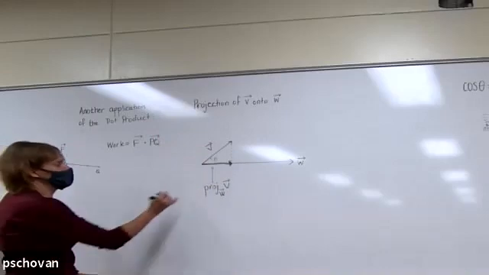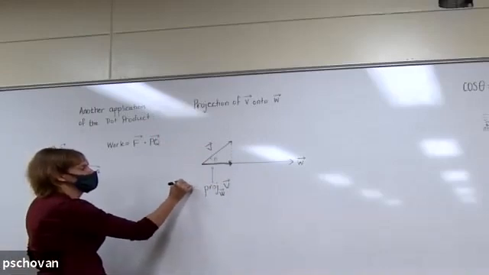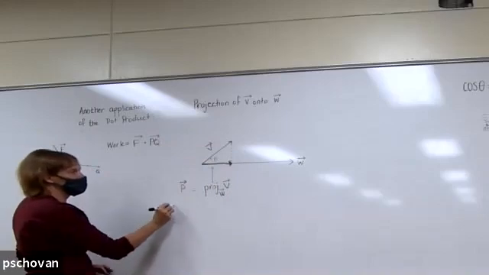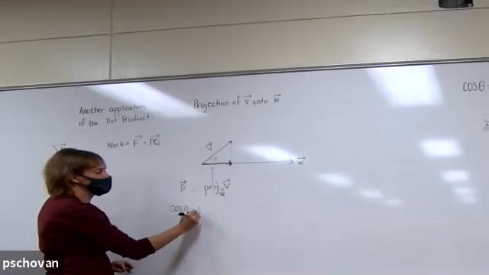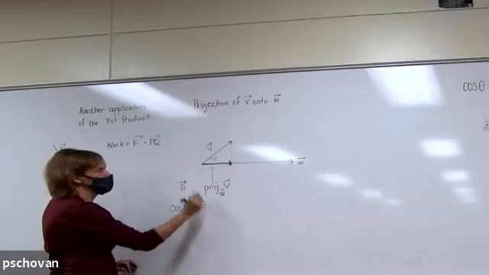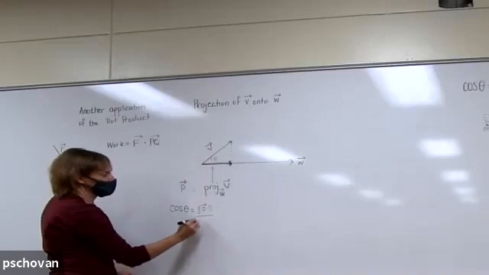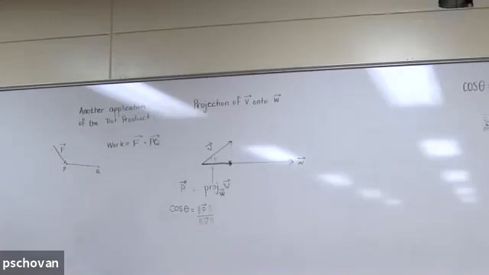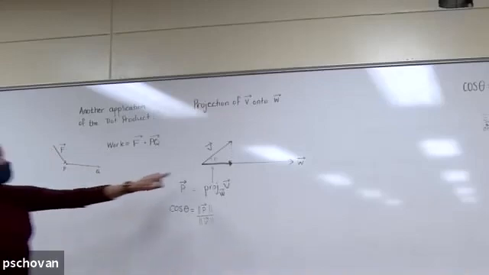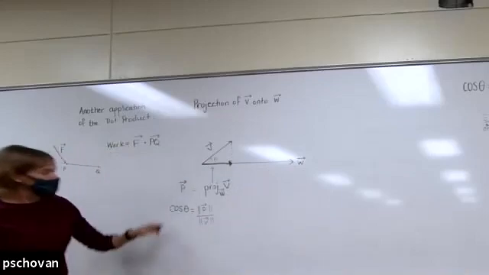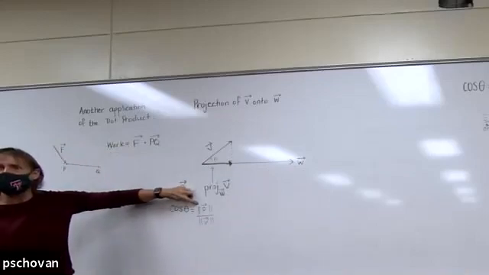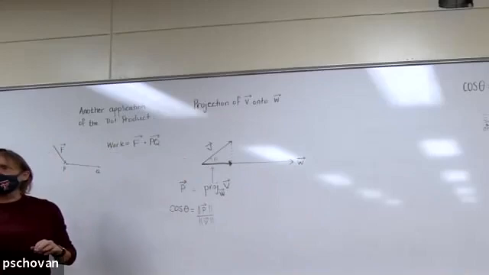So for now, let's just call the projection vector P and start with the statement that the cosine of that angle theta is the length of vector P divided by the length of vector V. If I can figure out what the length of vector P is, then I take a unit vector in the same direction as W, multiply it by the length of vector P, and then I'll have the projection vector.